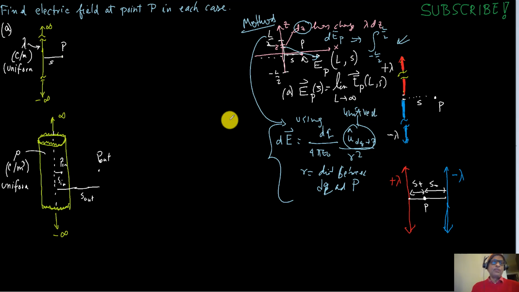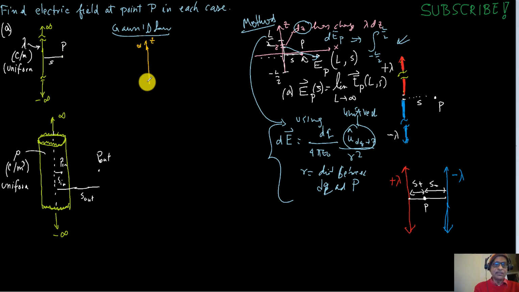Okay, so let's do another method, the Gauss's law method. First, to apply Gauss's law to find these things, we need to make sure that it has a symmetry. This one has a cylindrical symmetry. For instance, this is uniform, so this is the z-axis.